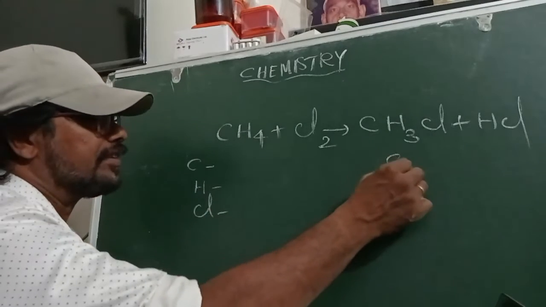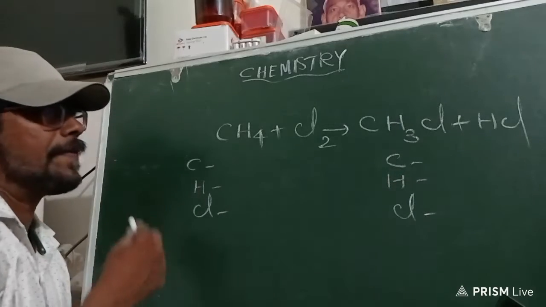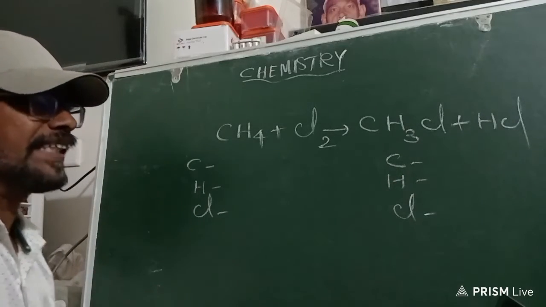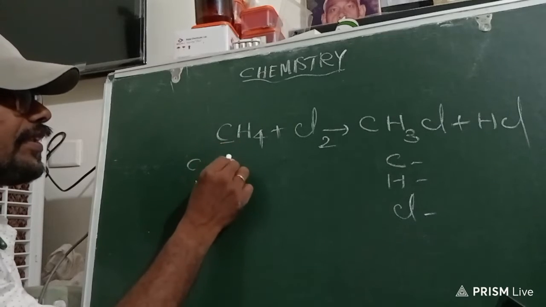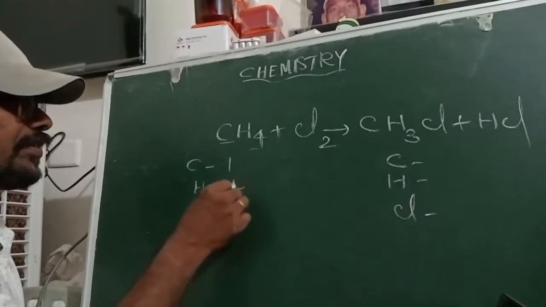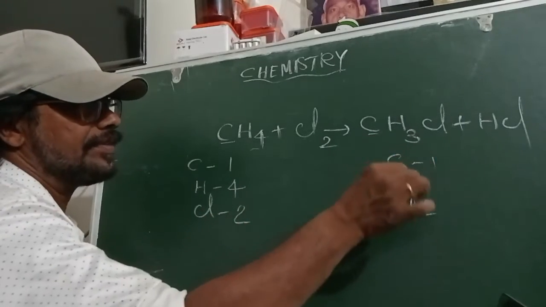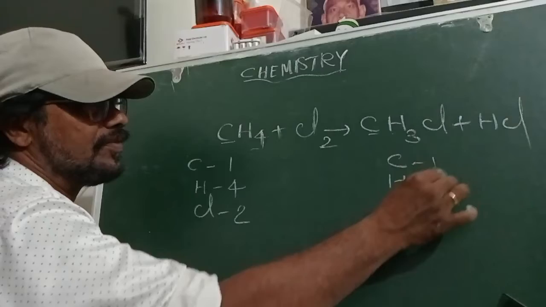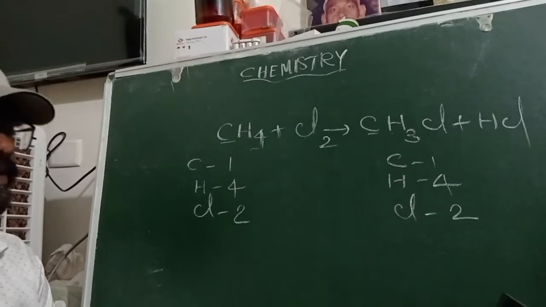Now we have to write carbon, hydrogen, chlorine. First we are balancing the equation. Carbon only 1, hydrogens 4, chlorines 2. On the product side carbon 1, hydrogens 3 plus 1 is 4, chlorines 2. So it is the balanced equation.